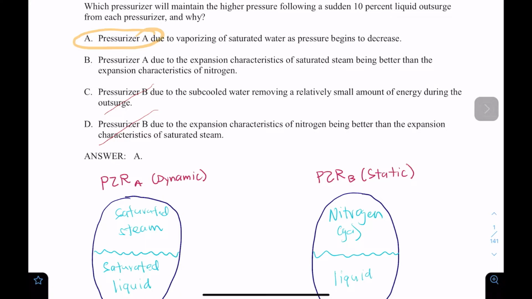It's basically linear. It's not like in the dynamic system, right? The pressure is going to have a way of being mitigated in this part.